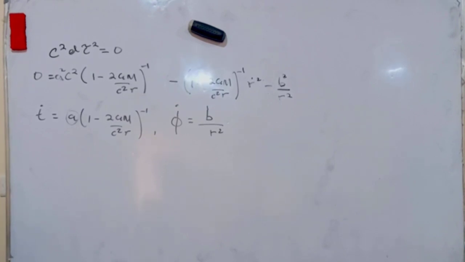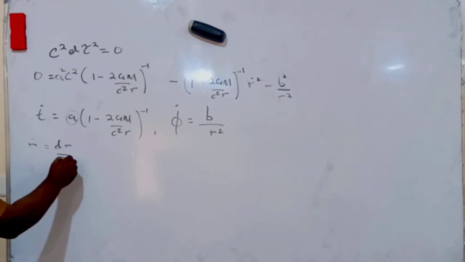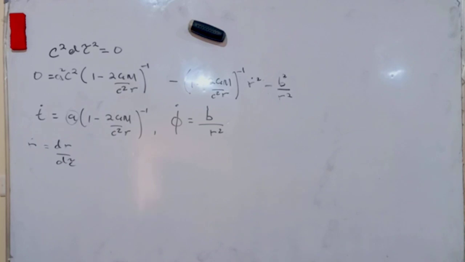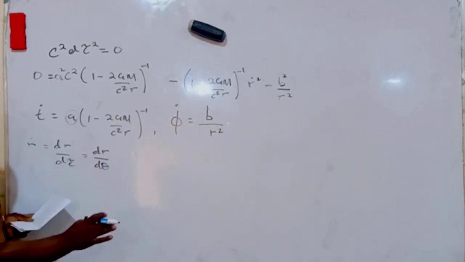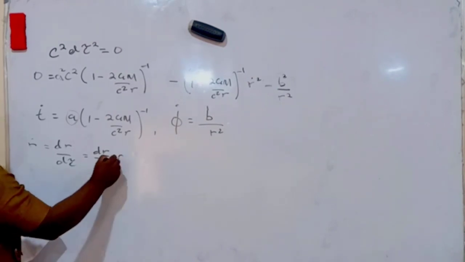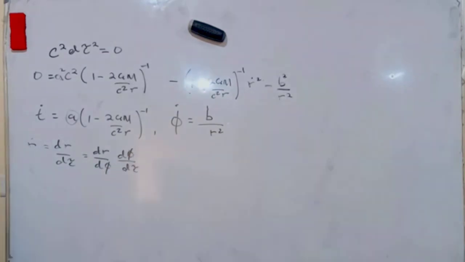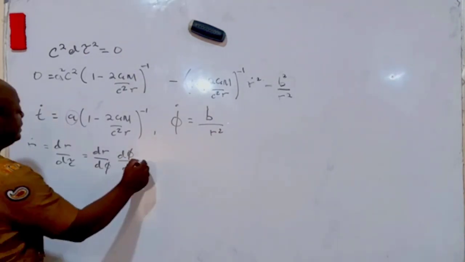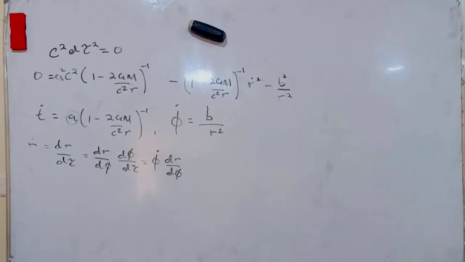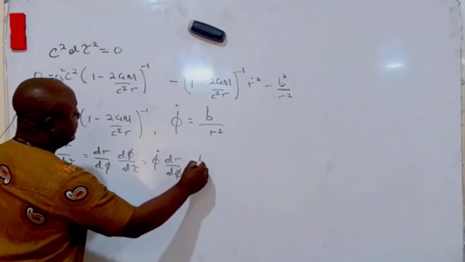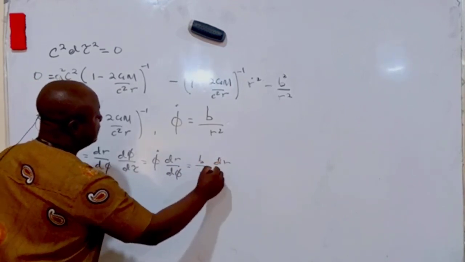We'll write r dot as partial r by partial phi times phi dot, which is the same as b over r squared dr by d phi.